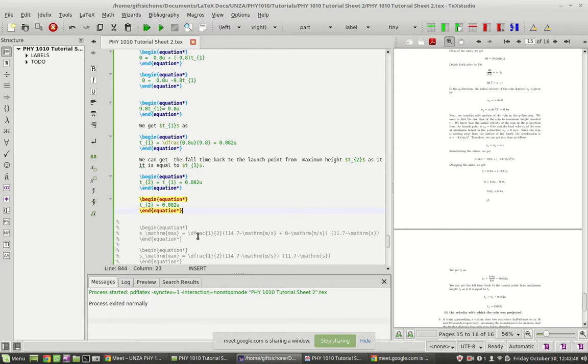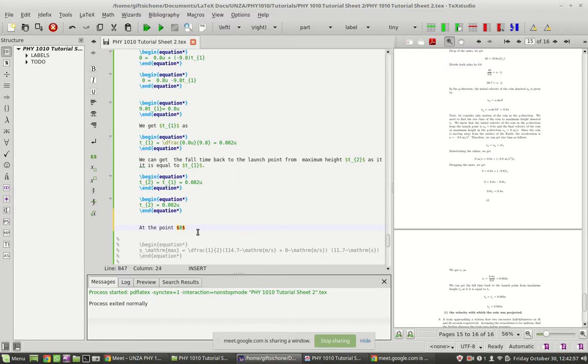So at point B, which is level with the launch point, the initial velocity uy is equal to 0.8u.